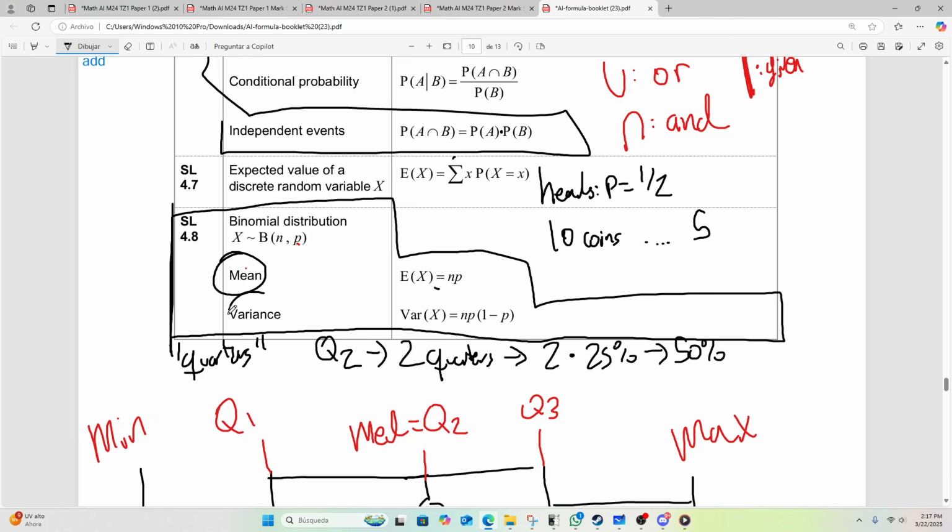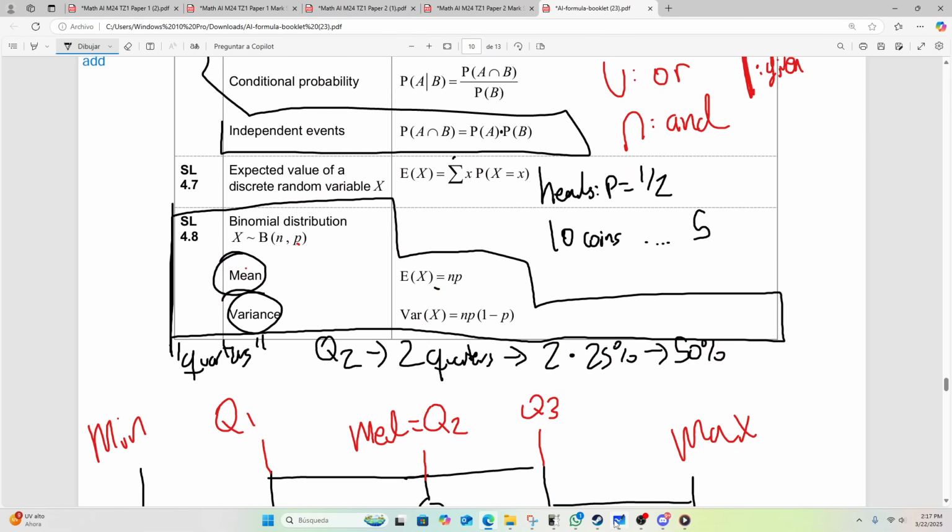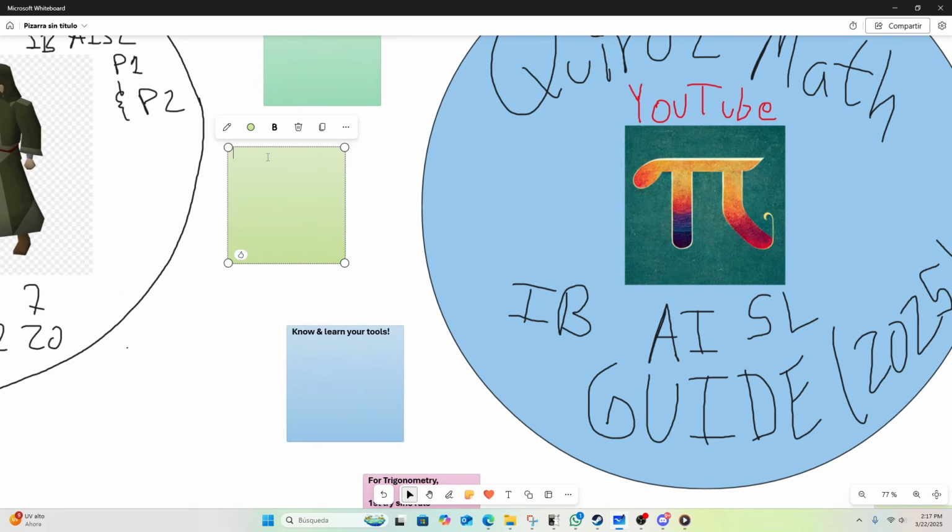Usually you don't need the mean and usually you don't need the variance. What you do need to know for binomial distribution, and actually it's the same for normal distribution, is this. For the normal distribution, you need to learn inverse normal, normal CDF, and normal PDF.